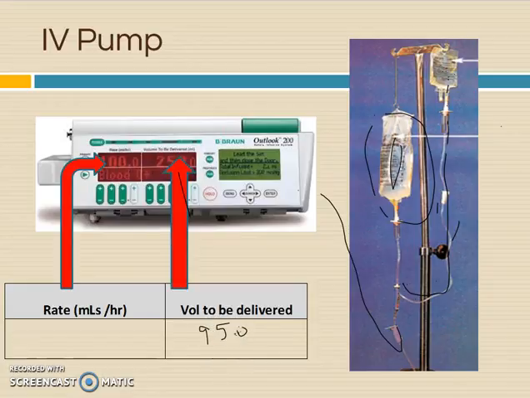The pump is going to start beeping when the volume to be delivered has been delivered. You don't want it to be completely empty and then scramble around to get a new bag. If you set it a few mils ahead of when it's actually going to be empty, you have a little bit of time to get a new bag and hang it and all that jazz.